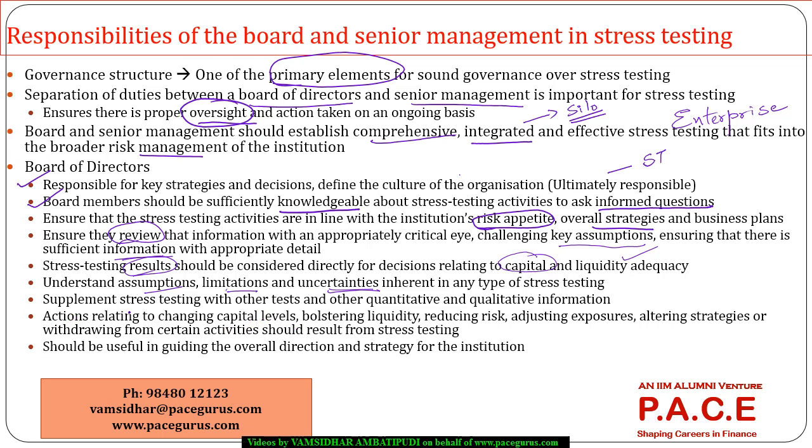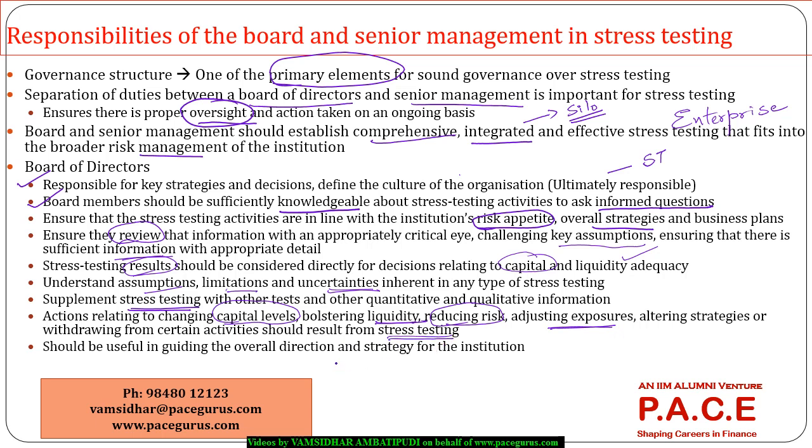And it's not just the stress testing. Stress testing should not be looked at separately altogether. Along with the stress testing, they should even focus on various other quantitative and qualitative methods. Try to compare stress testing, see where it fits into the overall framework of other quantitative and qualitative methods, and all the actions that are relating to capital, liquidity, risk management, any kind of exposure changes, any of these things, they should come purely from the stress testing itself.